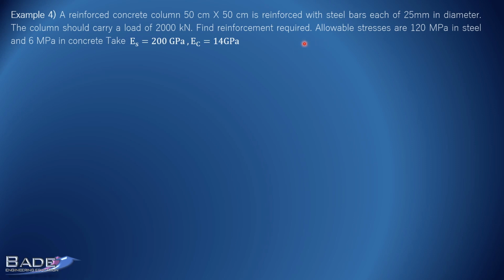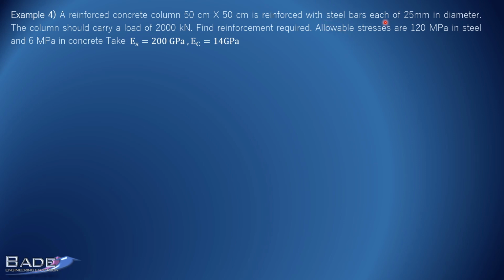For that purpose, what should you know? Allowable stress. Allowable stress in steel is 120 megapascal and allowable stress in concrete is given as 6 megapascal. Young's modulus of steel is 200 gigapascal. Young's modulus of concrete is 14 gigapascal. So we know the necessary information and we are going to take a decision on how much the cross-sectional area of steel should be.